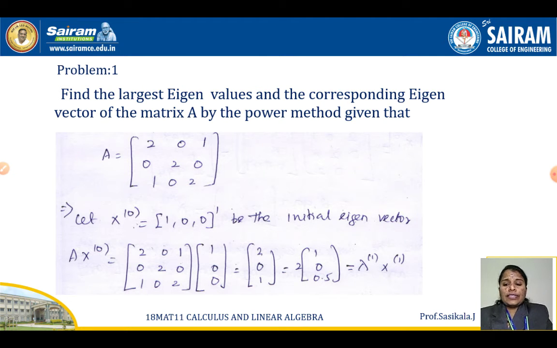Here the question does not mention anything, so as per my solution, first I consider my initial eigenvector x of 0 equal to 1 0 0. The eigenvector should always be a column matrix.